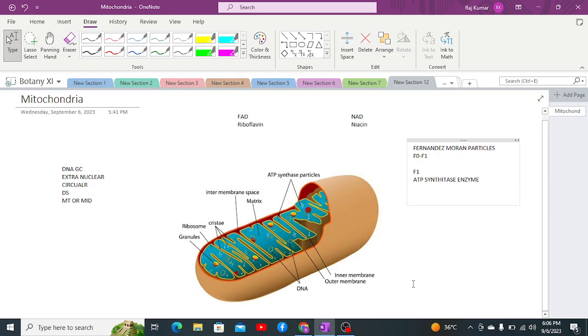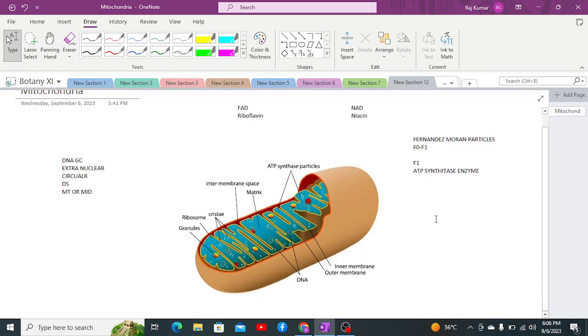So basically, during the Krebs cycle, as we know, NAD and FAD are converted by reduction into NADH and FADH. This NADH and FADH are then further oxidized in the electron transport chain into NAD and FAD, releasing two hydrogen ions and two electrons.